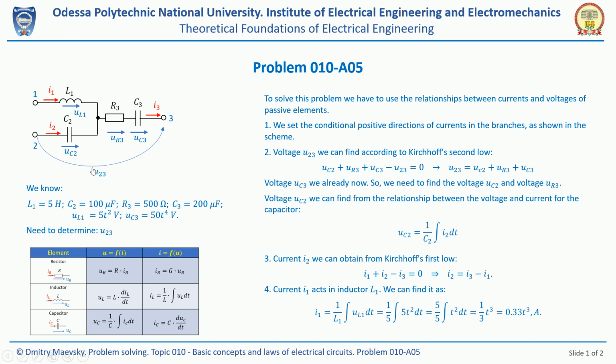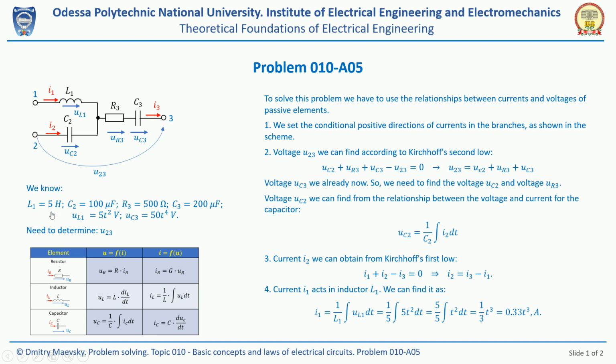In this scheme, we have an inductor and a capacitor connected to the common node. On the other side of this node we can see resistor R3 and capacitor C3.